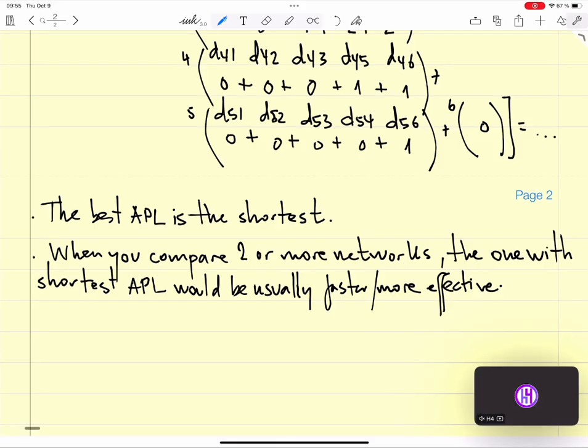Second KPI, clustering coefficient, describes how good groups are created in the network.